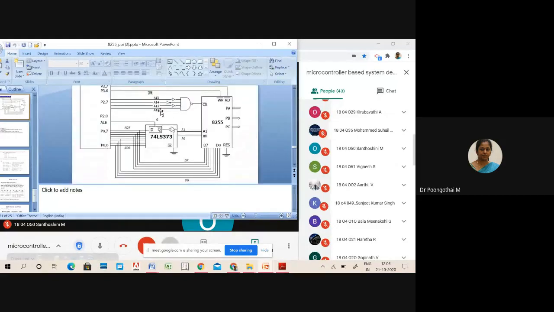So here A15 inverted, A14 inverted, A13 inverted, and A12 is directly given. In order to access this 8255, the chip select signal is going to be 0, so this NAND gate should generate 0 output. So what will be the input of NAND gate? Please tell me.